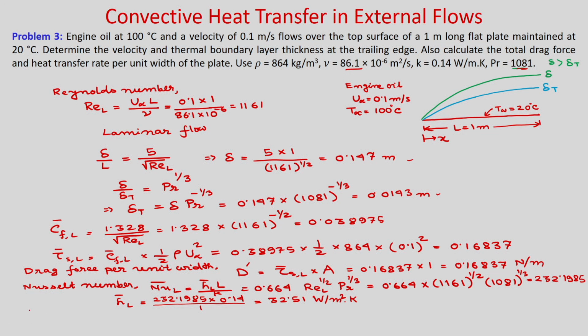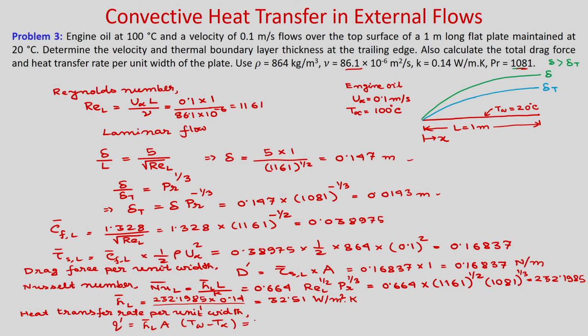Okay. So, now heat transfer rate per unit width you will be able to calculate. I am writing q prime because we are calculating per unit width. So, it will be just h bar_L into area into T_w minus T infinity.